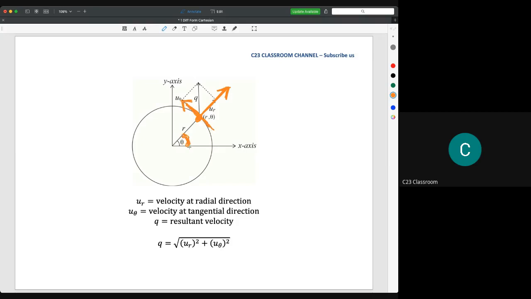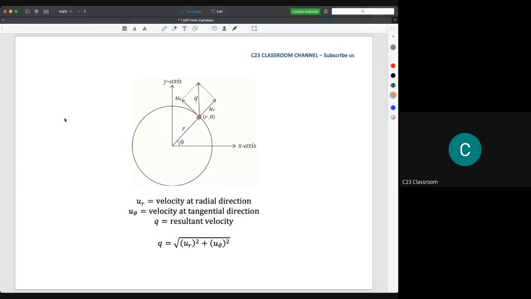In certain textbooks, it says that the angular velocity is actually the tangential velocity of this point, because you have a circle, a circular line here, and you need to measure the velocity at this point. So it becomes the tangent at this point.